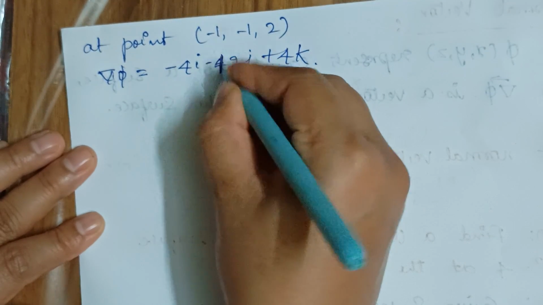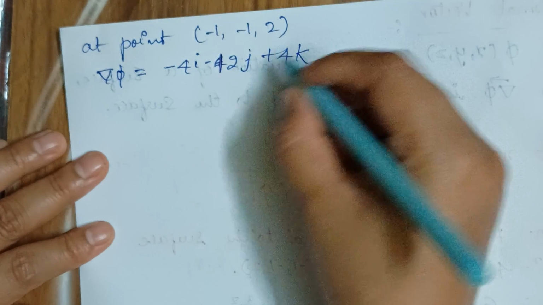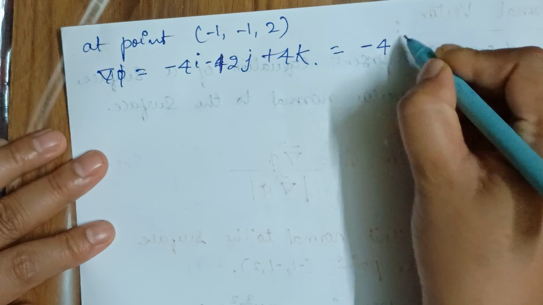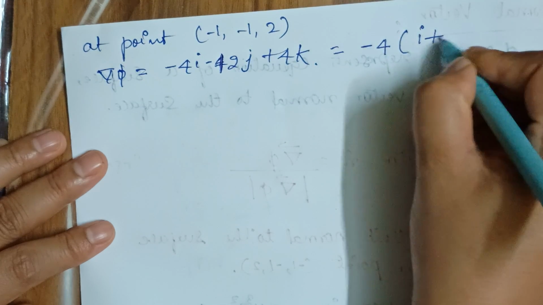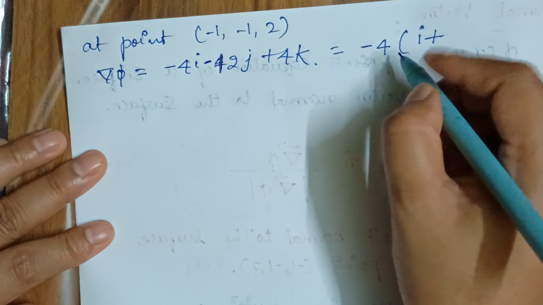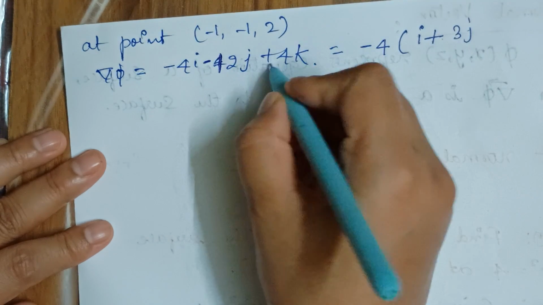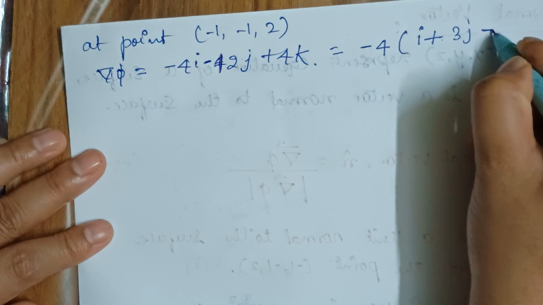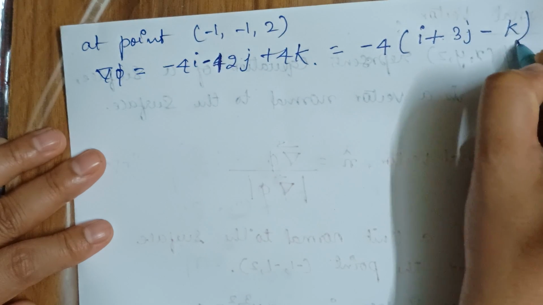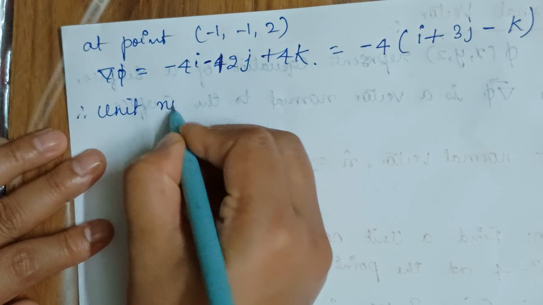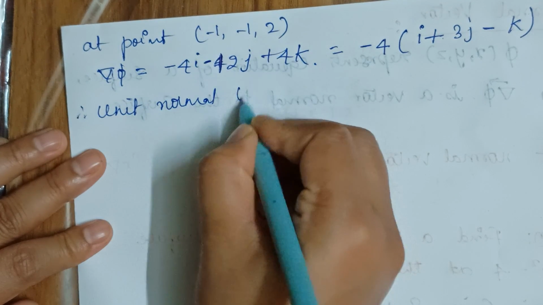Now 4 I can take common, so taking -4 common, I will get i plus, here I have minus, so minus into plus is minus 3j, here I have plus, so minus into minus is plus, minus k.